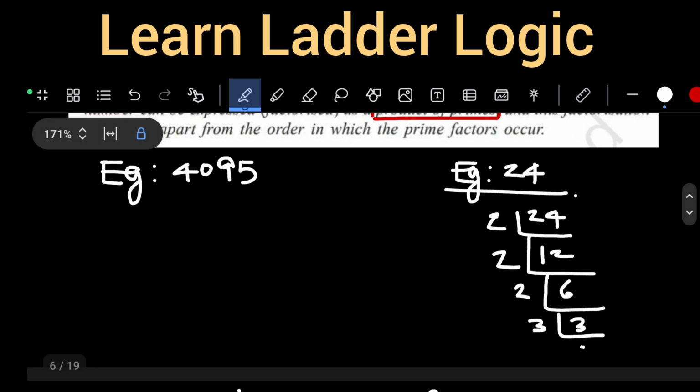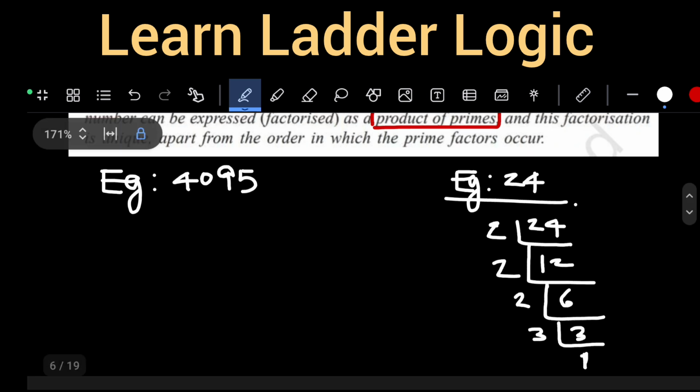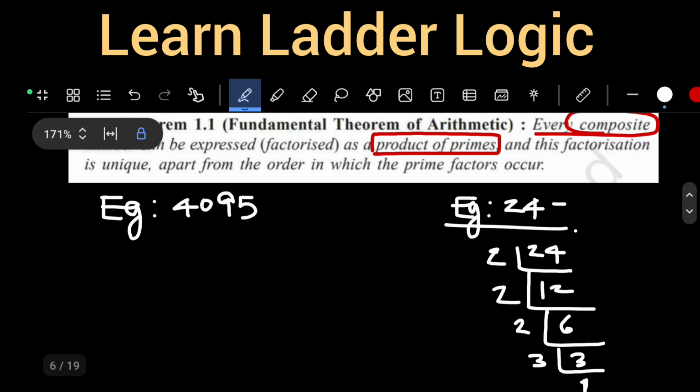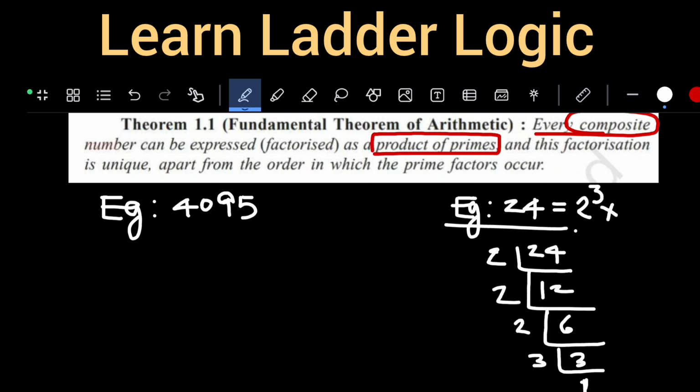Okay? So I can just write 24 is equal to 2 to the power 3 into 3. Correct? Here I wrote 2 to the power 3 because you can see the number 2 coming thrice. So 2 to the power 3 into 3.